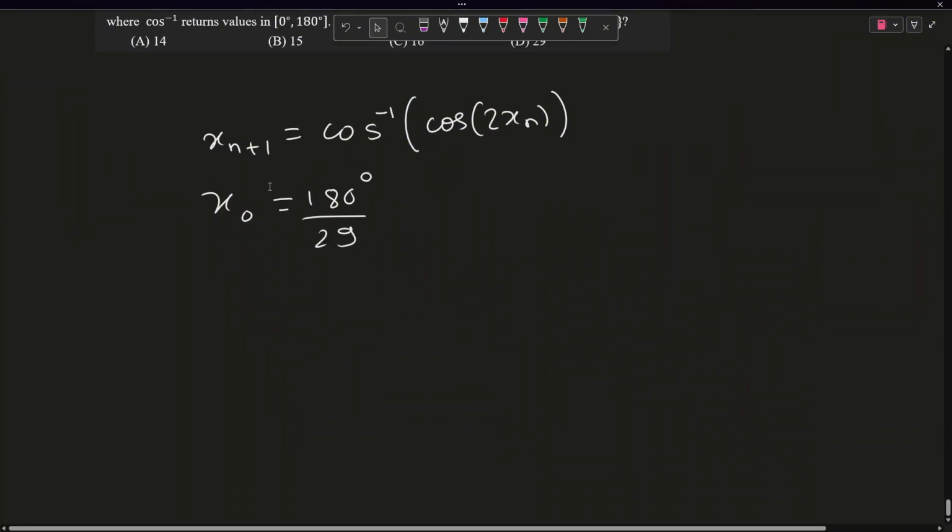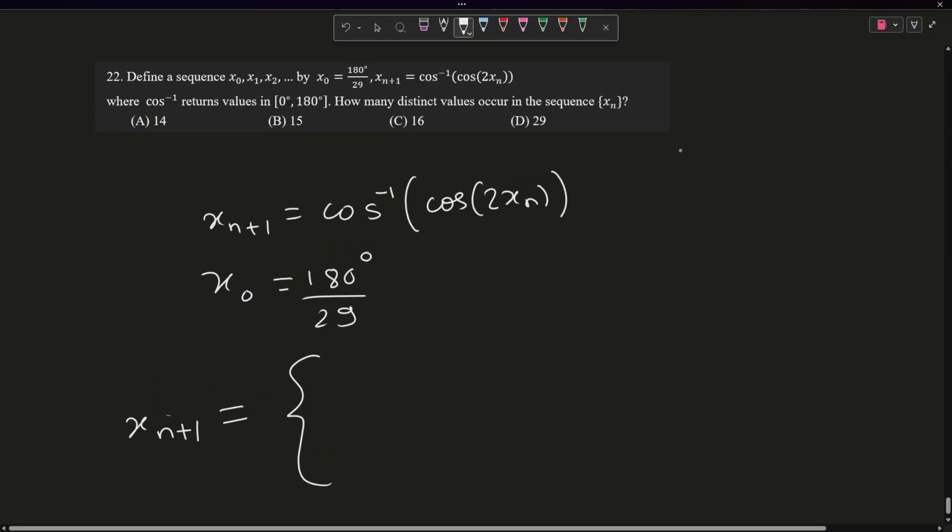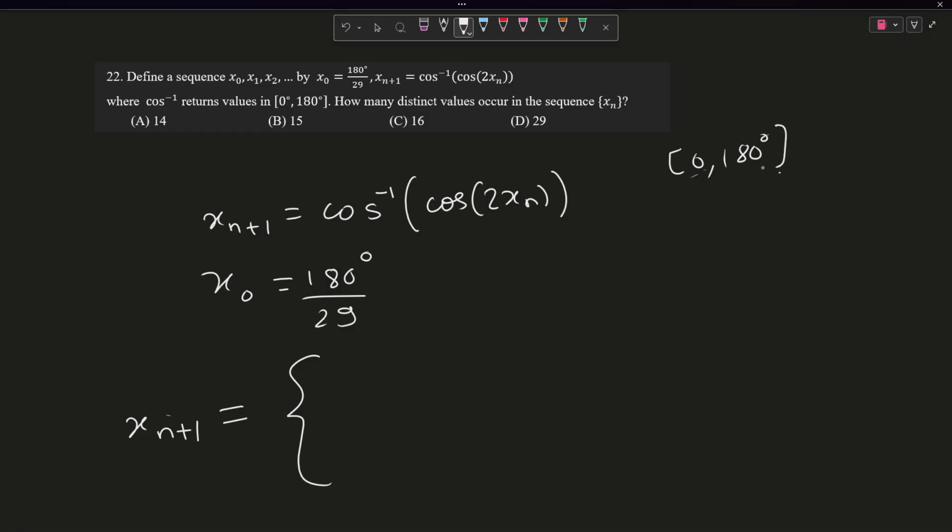Basically, the first outputs are values between 0 to 180 degrees, and by definition of cos inverse, if this part is greater than 180 degrees, then this just gives 2 pi minus 2xn, which is just 360 minus 2xn.